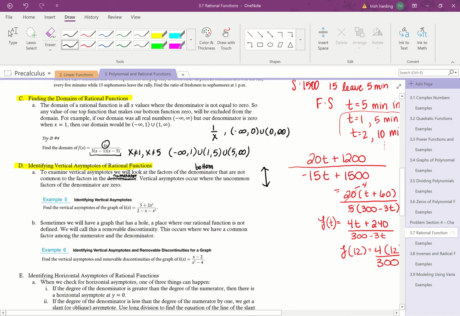Vertical asymptotes occur where the uncommon factors of the denominator are 0. So if you are able to cancel anything out, you can, and then you look at that to determine vertical asymptotes. So cancel first, then look at asymptotes.